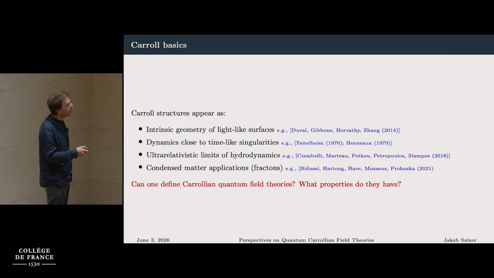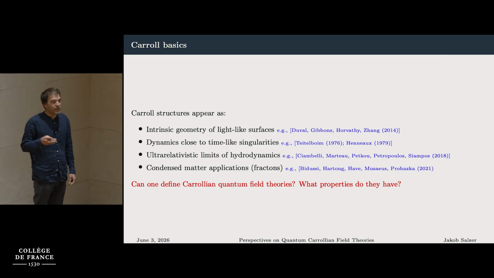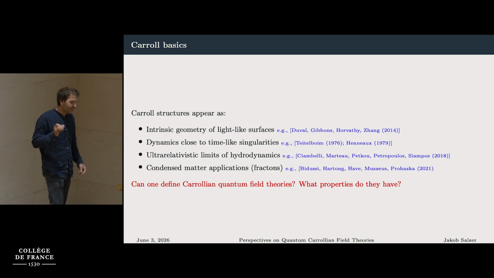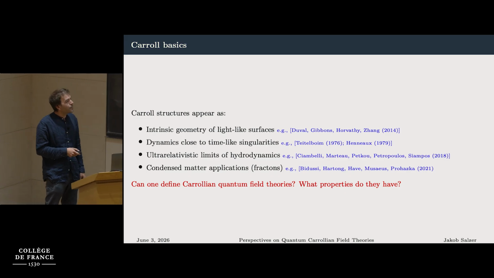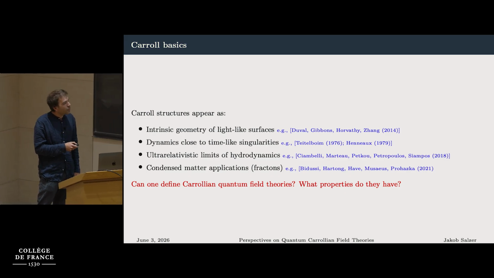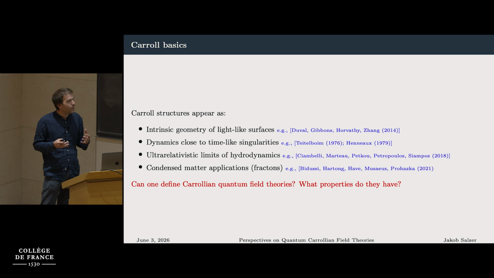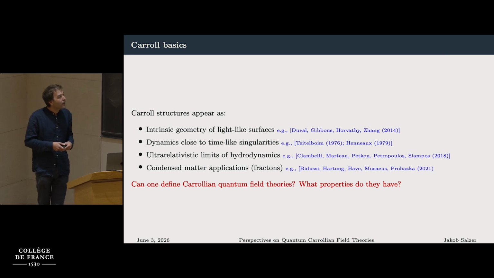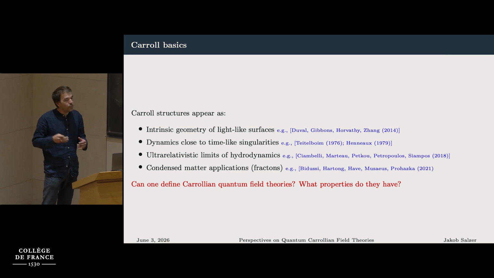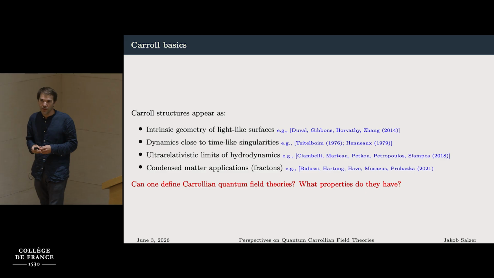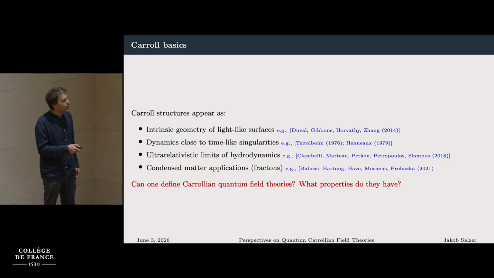And finally, this is a topic that has come up in the past couple of years, which is that there are theoretical states of matter, so-called fractons, that also have some relation to these Carrollian structures. This is a bit more complicated, but this is just an additional motivation to study these Carrollian theories.